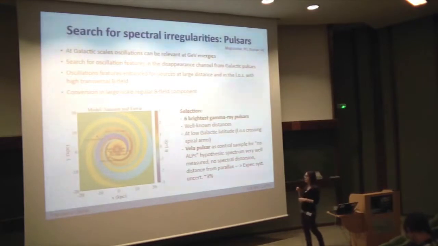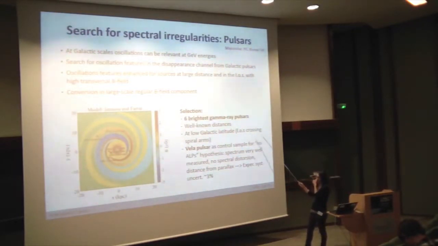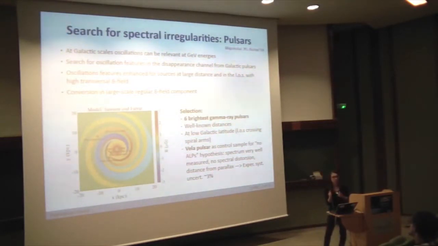So the first thing was to select a sample of 6 galactic gamma-ray sources, which are pulsars. Pulsars are rapidly spinning neutron stars that have been detected for many, many years, both in radio and gamma rays, and for which you have a very good determination of the distance, within 20 to 30%, but for astrophysics this is okay.